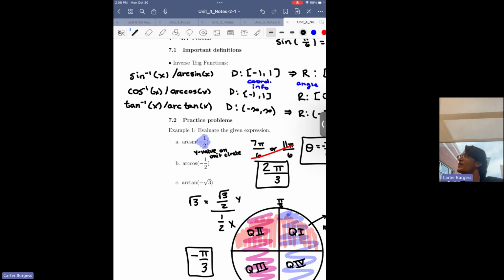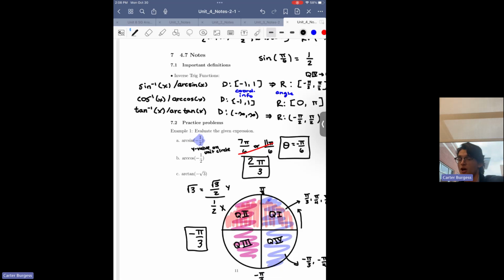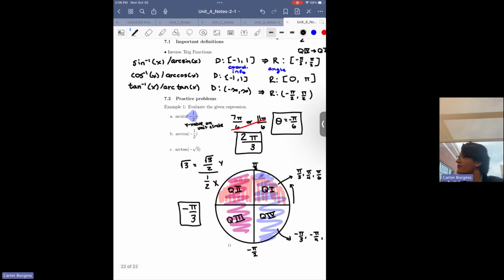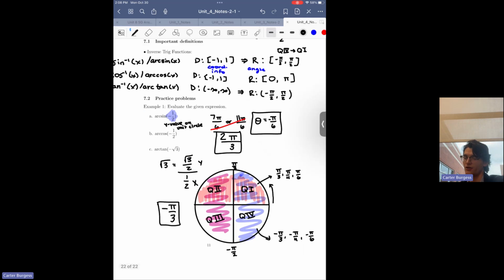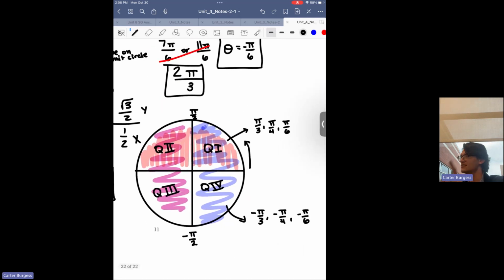Yeah, quadrant 3 doesn't get used. You'll never see an inverse trig function output a quadrant 3 angle. Quadrant 2 is just normal, so it's like 2 pi over 3, 3 pi over 4, and 5 pi over 6. The one that I want to note is that quadrant 4 is different than the quadrant 4 angles that we have used so far.